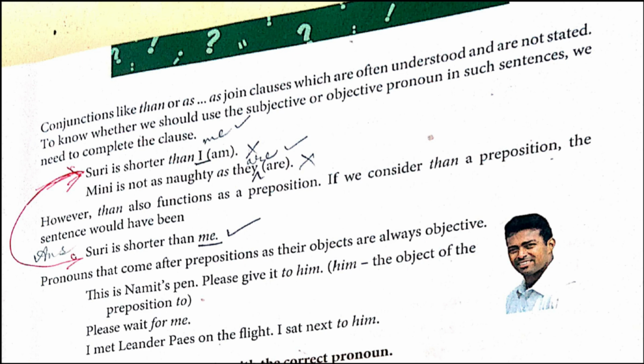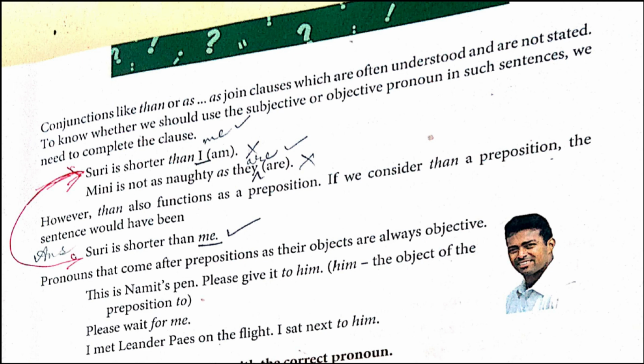Suri is shorter than I, and in the bracket am is given. But you have to be cautious. It's a wrong sentence. In the exam you will be given Suri is shorter than dash. So at that moment you will use me because it came on the objective side. So don't get confused, students. In the textbook it is given. I'm going to give you the clipping also. So be cautious. You will be writing me.